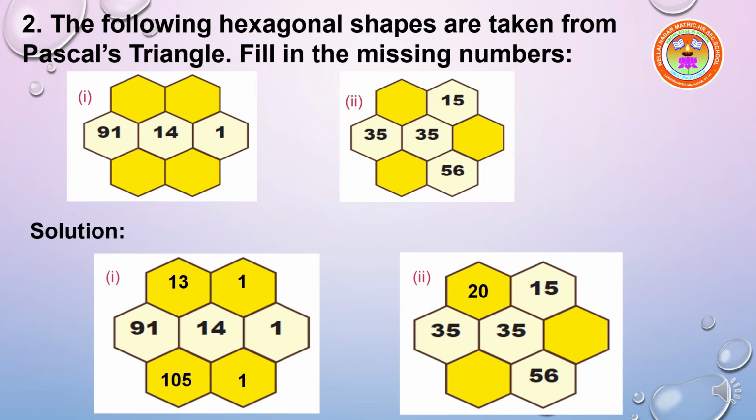Now for the second box, if I subtract 35 from 56, I will get the value. 56 minus 35 is 21. Now for the third box, 35 and 35. If I add both values, it will be 70.